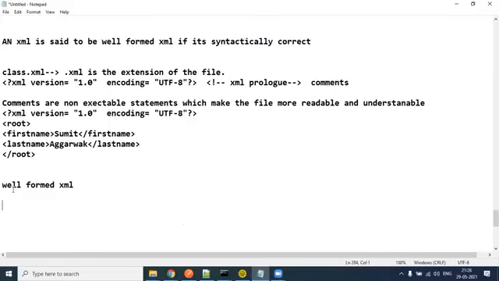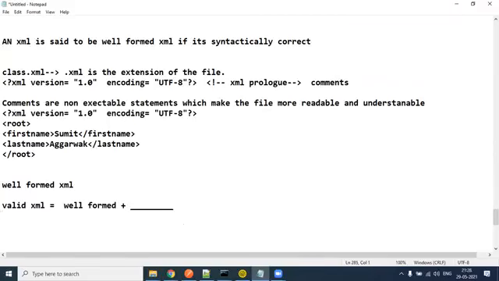Now there is another concept called valid XML. A lot of people use these terminologies interchangeably, well-formed XML and valid XML. Believe me, nobody talks about these things in Boomi trainings, and that's why the API part is always weak. A valid XML is definitely a well-formed XML, plus there is one more quality which needs to be met.